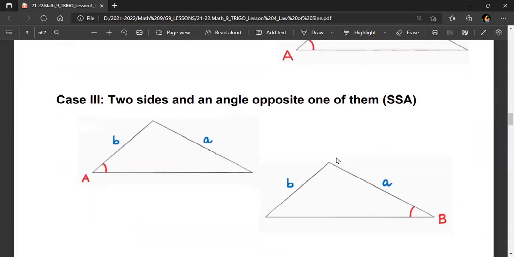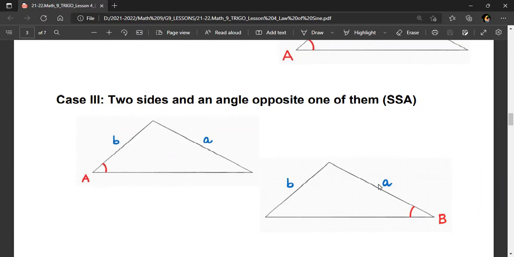The third one, case number three, is two sides and an angle opposite one of them, which is SSA, or side-side-angle. Here, we can see that there is only one angle, but we have two adjacent sides. In the first triangle on the left, we have side A and side B plus an angle.